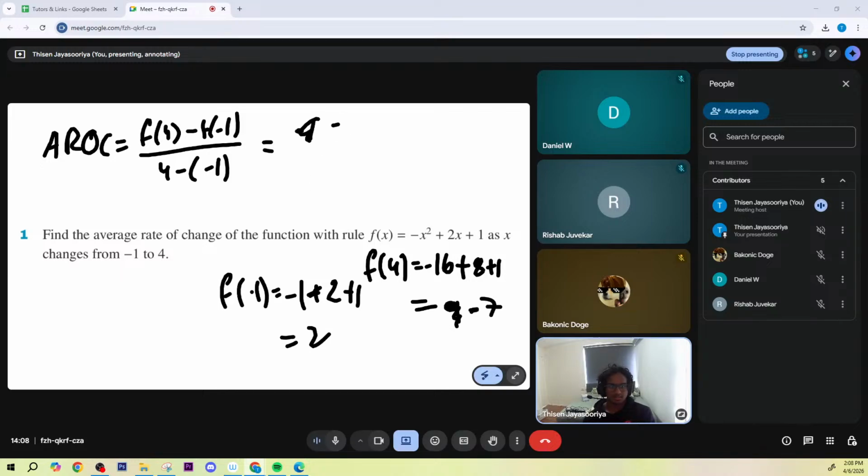So we get -7 take away 2 over 5, which means we get -9 over 5.